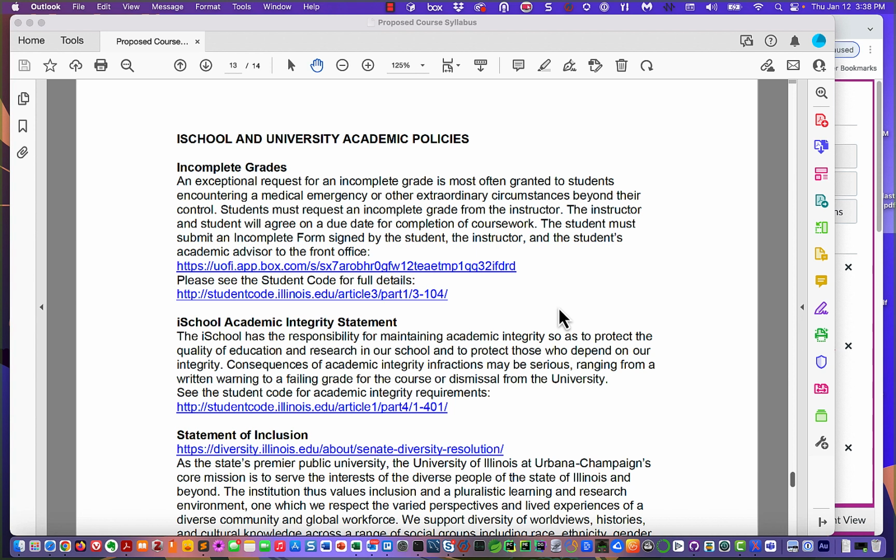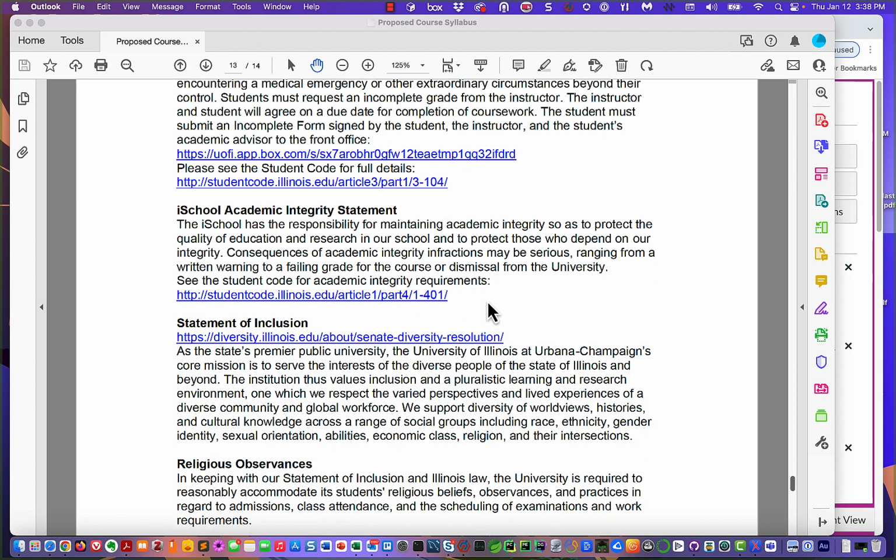These are all things that we're serious about, like incomplete grades, like a grade of I. Very hard to get at the University of Illinois. Read to find out more. iSchool academic integrity: academic integrity violations are stiff. Steer clear of them. More to read here.